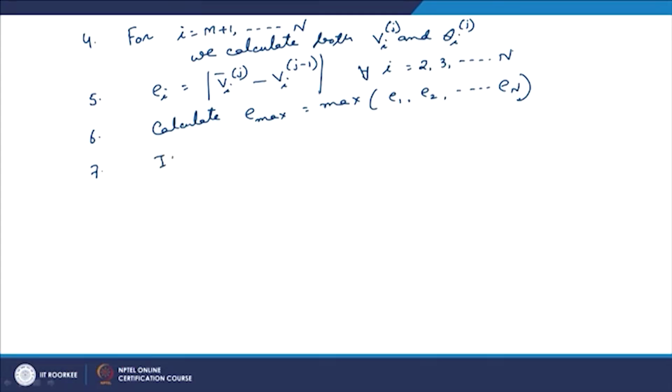If converged, stop; else j is equal to j plus 1 and go to step 3. This is what we have basically discussed here.